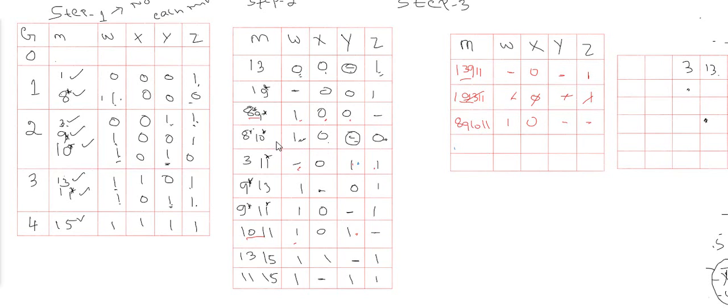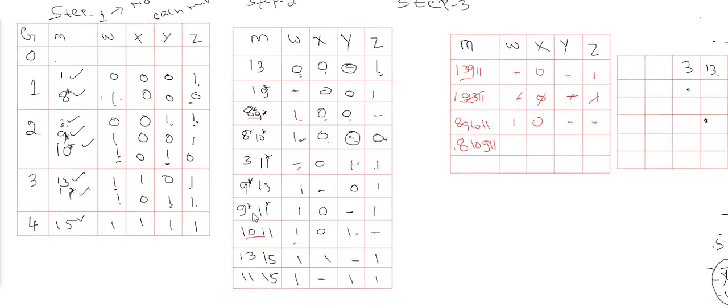Similarly, we go with 8, 10. In 8, 10 the y bit is dash. In 9, 11 also the y bit is dash. So we can do this. We can take 8, 10, 9, 11. In this we are getting 1, 0, dash, dash.